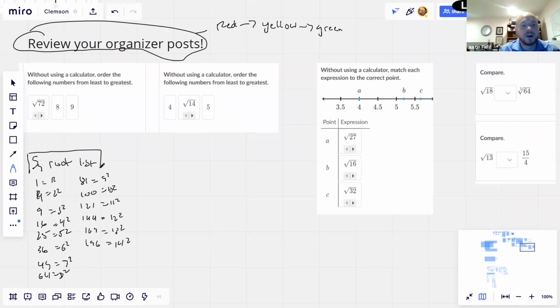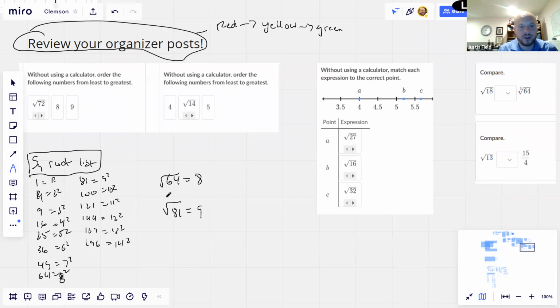So what we want to do here is use our square root list in order to make some approximations, educated estimations, right? So 72. 8 squared is 64, and 9 squared is 81. So the square root of 64 is 8, and the square root of 81 is 9.